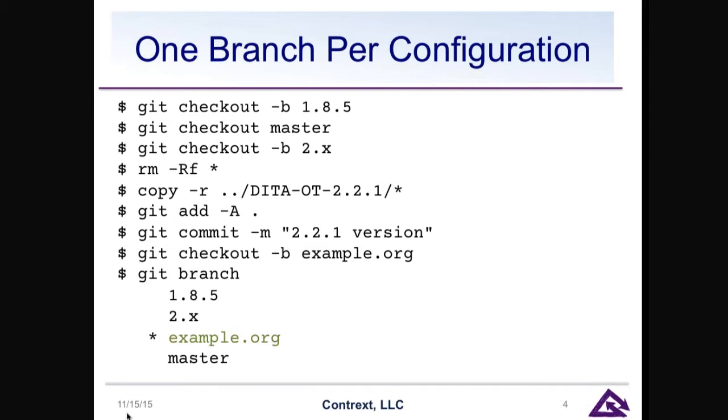Now, my trick here, and this is really the parlor trick part of it, is I make one branch per configuration. So I want to work with 1.8.5. I'm going to create that branch. I'm going to check out master. Now I want to have also 2.x. I'm going to create another branch for that. Delete everything, copy in the files from the 2.x distribution, add those, commit them. Now I want to create a branch for my client, example.org.